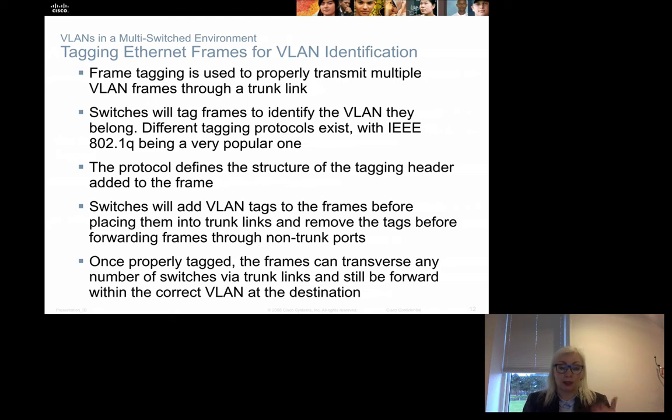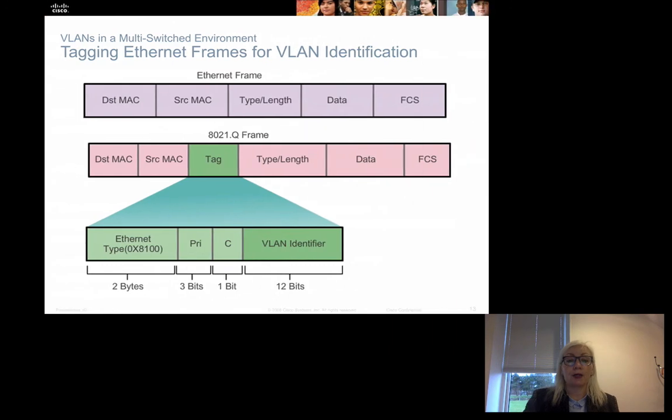This is done, for instance, in IEEE 802.1Q, which is the protocol that we use for tagging. We insert this small tag within our Ethernet frame after the source MAC address and before the type/length field, and this tag will then identify our VLAN.